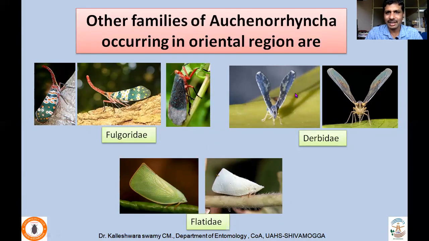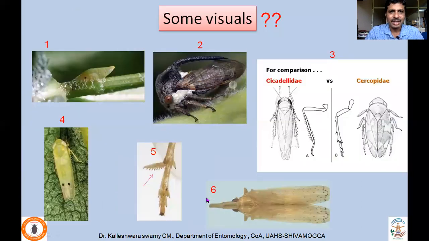Derbidae, called Derbid planthoppers, with a very characteristic sitting posture. And Flattidae, which look flat because of their sitting posture, which is why the family is called Flattidae. These are other families you can come across during your collection trips.